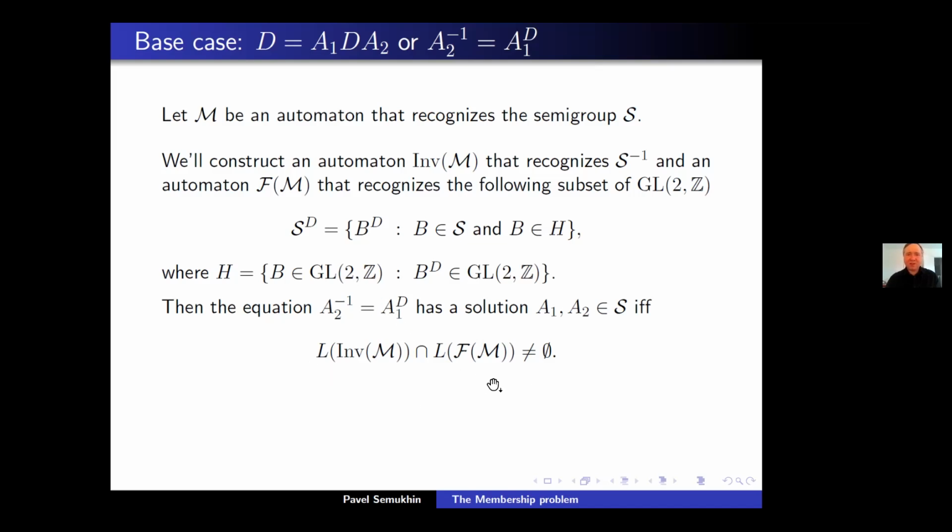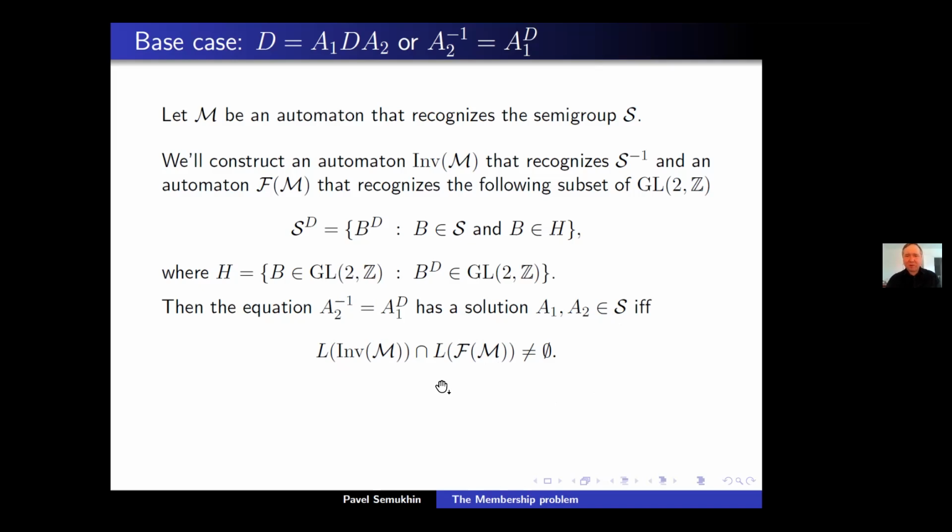So if this intersection is non-empty, it means that there are matrices A1 and A2 from S which satisfy this equation. Conversely, if there are such A1 and A2, then this intersection will be non-empty. And because these are regular languages, we can, of course, decide the emptiness for the intersection of two regular languages.